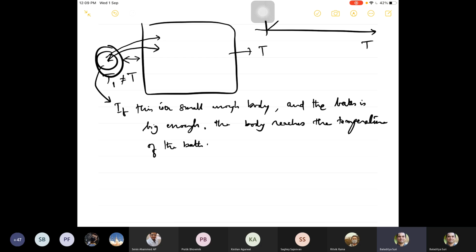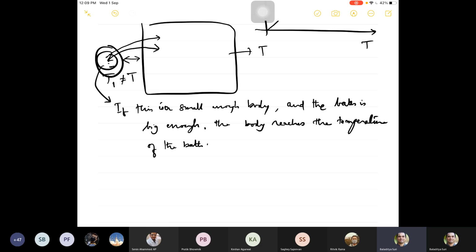If this were done in a quasi-static way, which we did not really do anything to ensure, this body is at a temperature T1, which is different from T. So it's a non-equilibrium process.